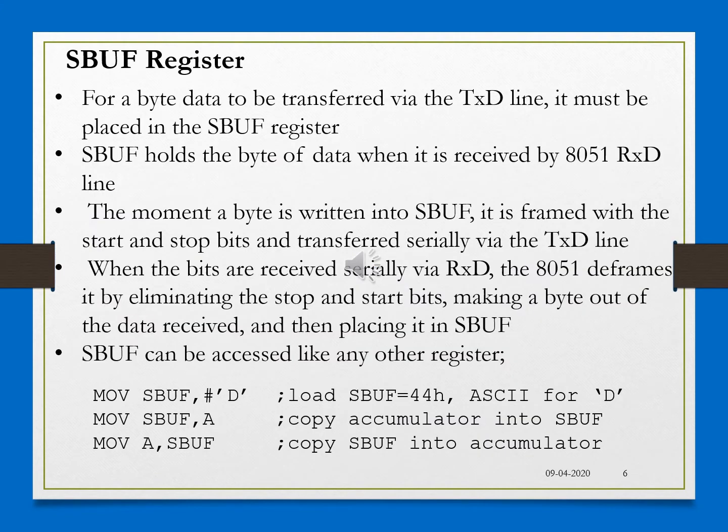As I said, serial communication in 8051 uses a register called SBUF. SBUF is an 8-bit register. When you want to transmit data, the 1 byte of data will be held in SBUF, and that will be transferred via the TXD line. If you are receiving serially, there is one more SBUF register which will be holding the 8-bit or 1 byte data which is received serially.